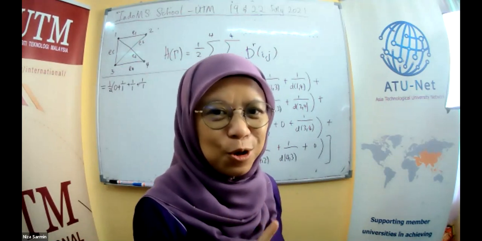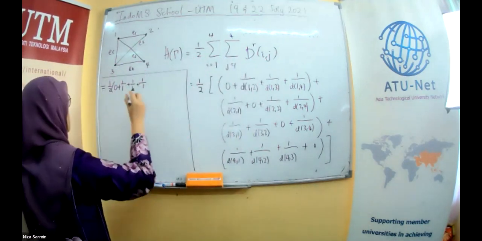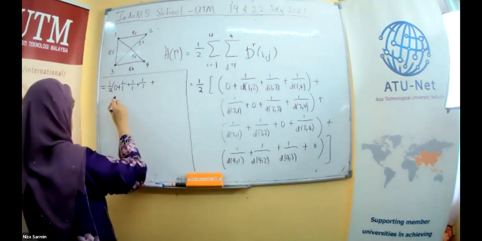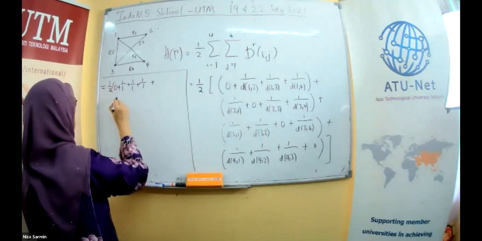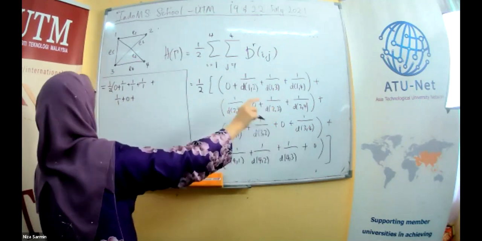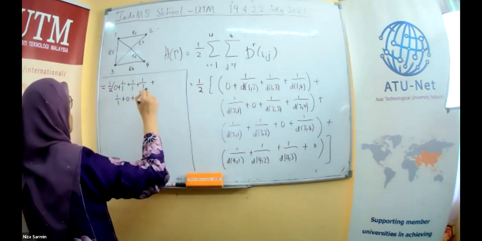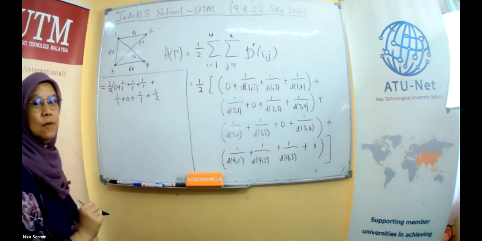So you can easily get it. Then the second one is 2, 1, 0, 2, 3 is 1, 2, 4 is 2.